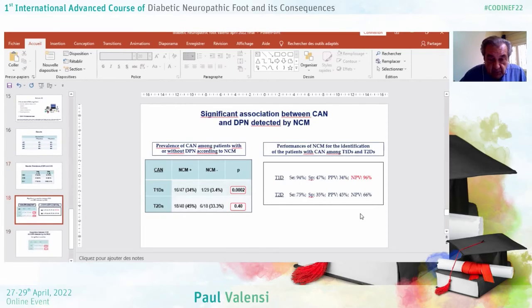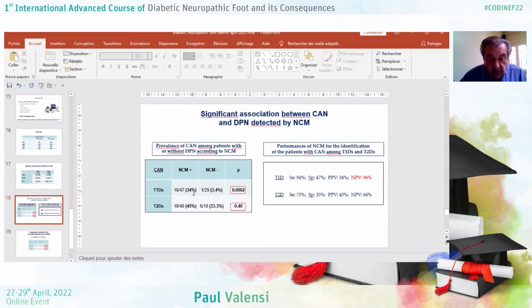And now the most important result, which is to put together the results of detection of peripheral neuropathy with the detection of CAN. On the left part, we can see the number of patients with CAN among those with NCM+, therefore with evidence of peripheral neuropathy.